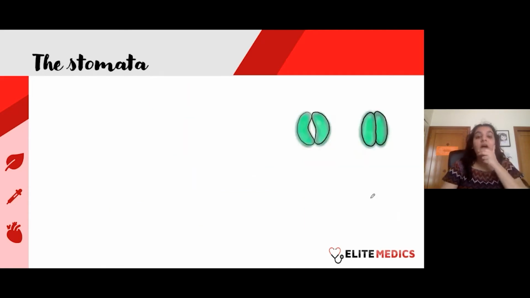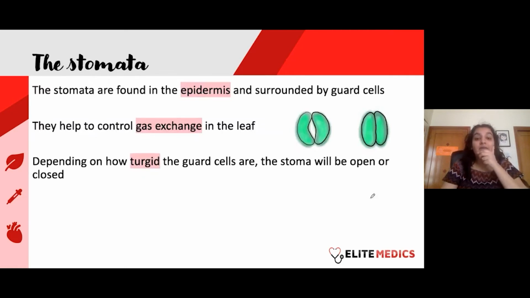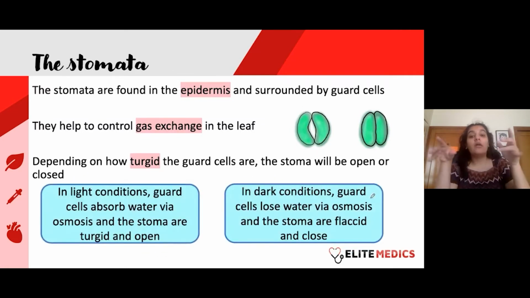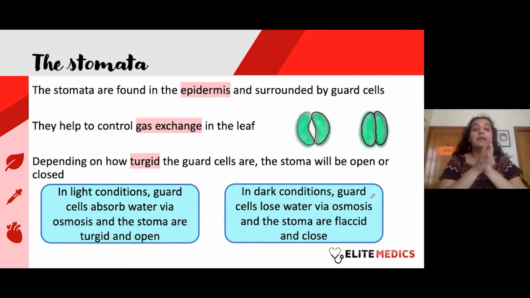So the stomata are basically an opening found in the bottom of a leaf. If you think about the underside of a leaf, it's usually a little bit rougher, and that's because there are these tiny microscopic little holes quite regularly around the leaf, and it just gives it a bit more of a rough texture. And these openings are to allow gas to enter the leaf, because remember, one of the main reactants or reagents of photosynthesis, one of the main substances that we need for the reaction to even happen, is carbon dioxide.